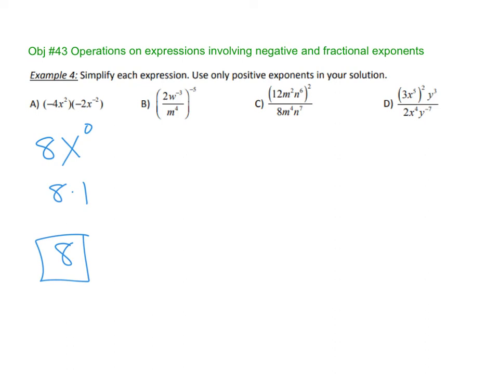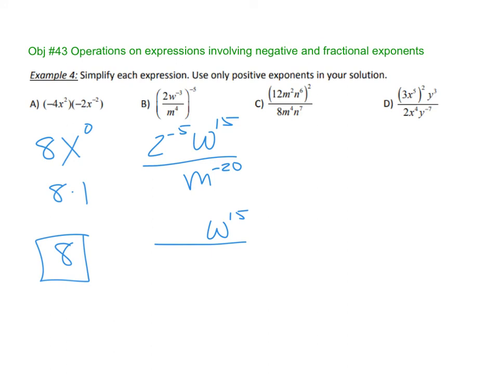Now, this one's tricky. Because it's only really difficult because of the 2. If it wasn't for that 2, it wouldn't be bad. I'm going to distribute that -5 to everything. So I get 2 to the -5, w to the 15th, m to the -20, right? So then I'm going to rewrite it and move stuff that needs to move. w to the 15th is happy. It's not negative. That's staying.